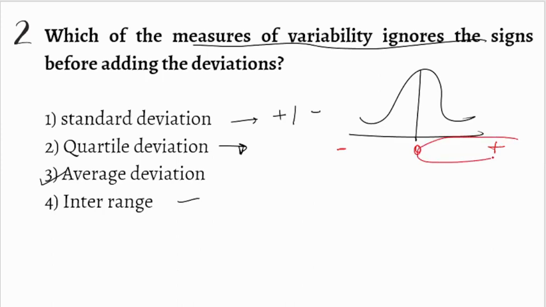If I add all of the deviations from 0 to the positive side and from 0 to the negative side, they would all neutralize each other. So it does not take into account the signs before adding, because it will neutralize anyway. So here 3, average deviation, is the correct answer.